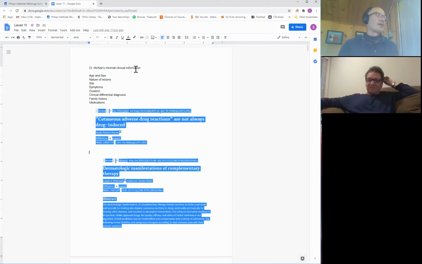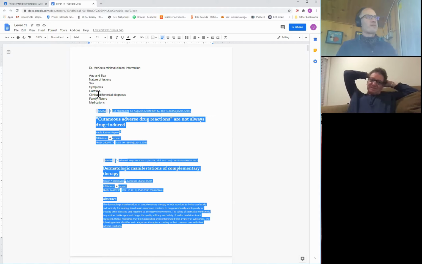And if you look at this, and either you're a pathologist like Brian and I, or you're interested in pathology, how many times in the course of a week do you think you would get all of these: age and sex? Well, that comes through the EMR. Nature of lesions, probably not. Site, that comes. Symptoms, probably not. Duration, probably not.